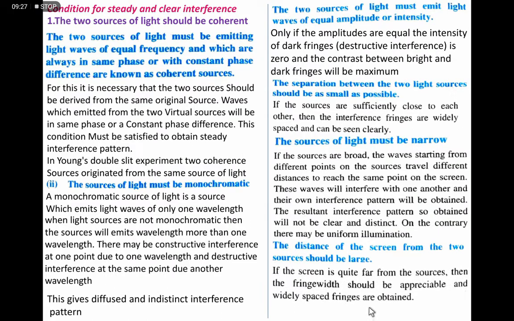If the screen is quite far from the sources, then the fringe width should be appreciable and widely spaced fringes are obtained. That is, the width of the fringes in the interference pattern will be separate, and a clear interference pattern will be obtained at a particular distance from the slit, if the screen is adjusted.